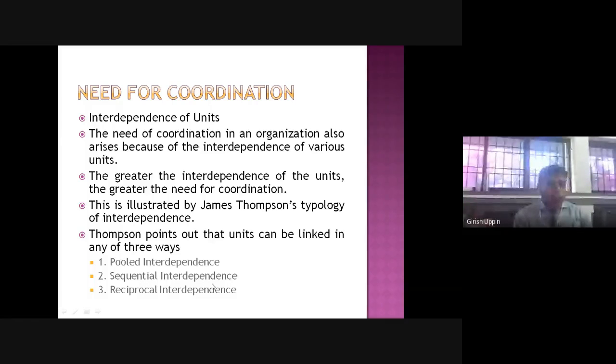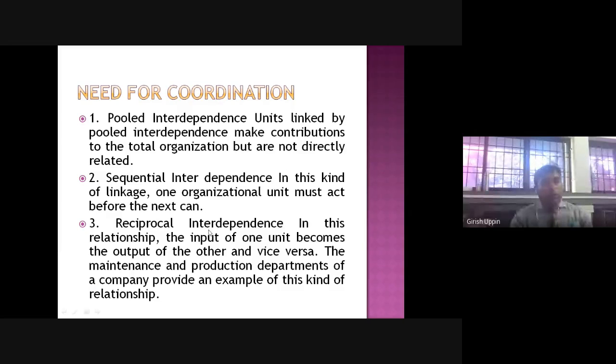Sequential interdependence: if certain work has to be done in a sequential manner, and the departments that are producing are in sequence, then it is a sequential interdependence. Reciprocal is one department is dependent on the other, and the other department is in turn dependent on this department for some other reason. That is reciprocal interdependence.